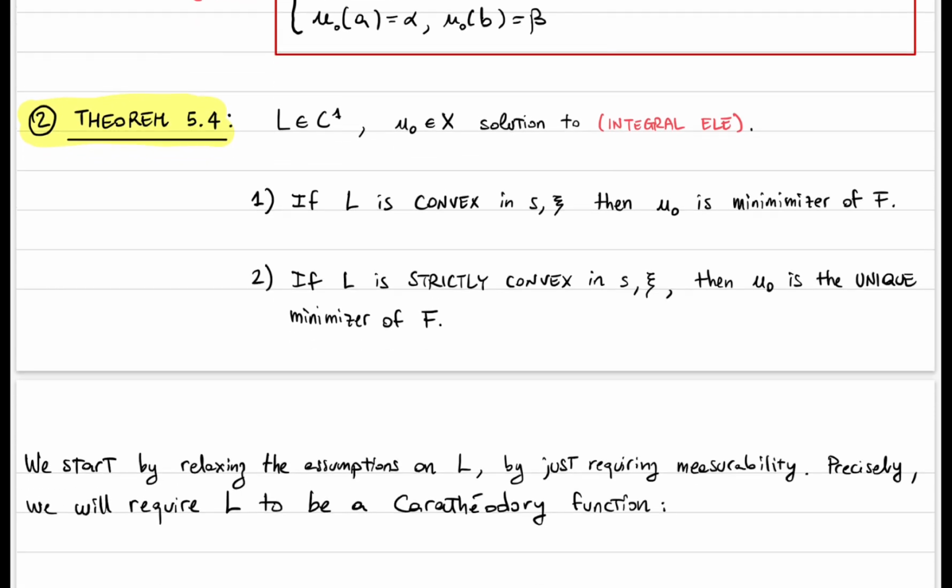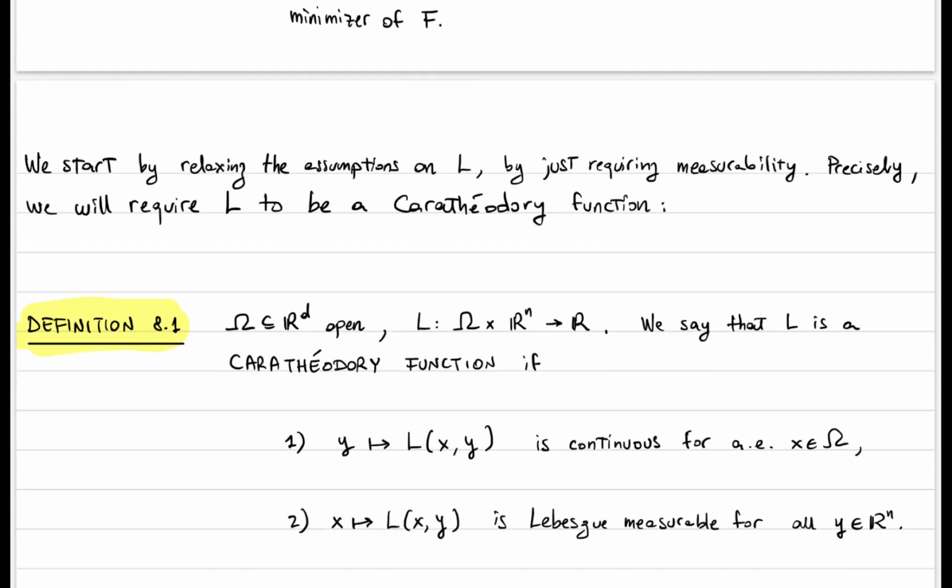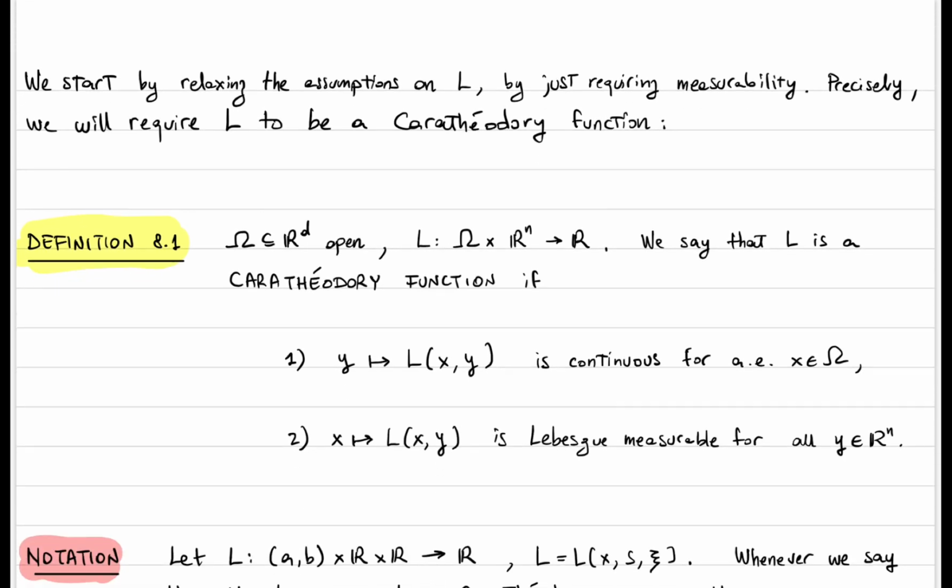We start with theorem 4.5. And the initial step is to relax the assumptions on the Lagrangian L, just by requiring measurability instead of continuity. More precisely, we require that L is a Carathéodory function, as defined here.